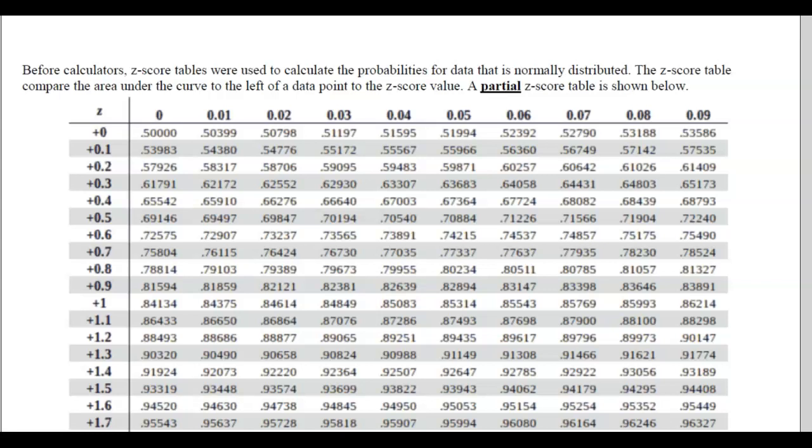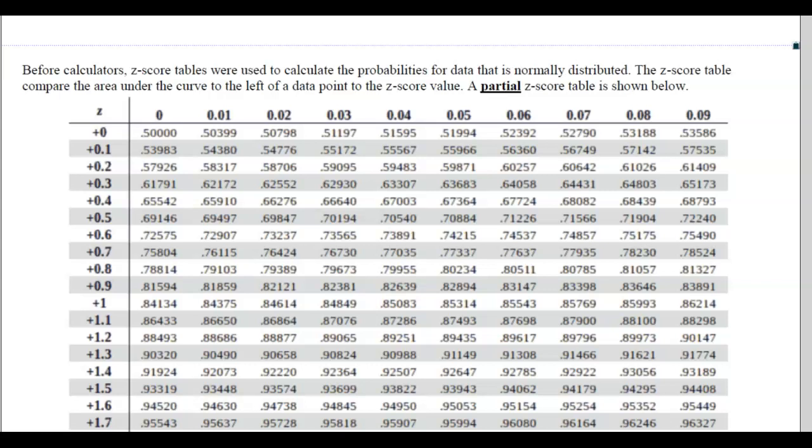Okay? So this basically means, if you take a look at a chart like this, notice these z-scores. These are to the nearest 10th. And then over here, these are all 2 decimal places, nearest 100th.